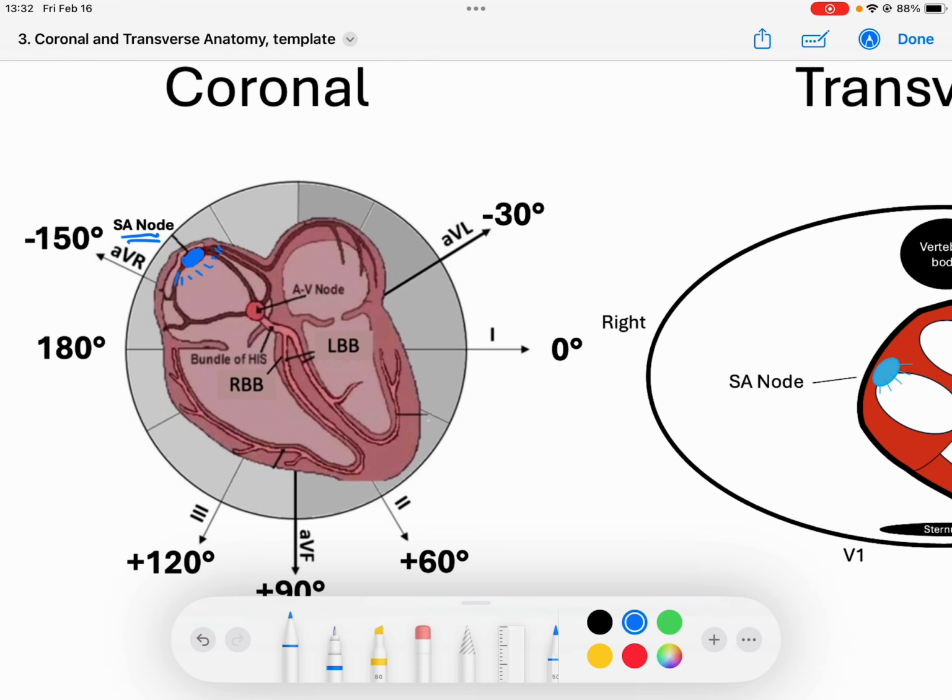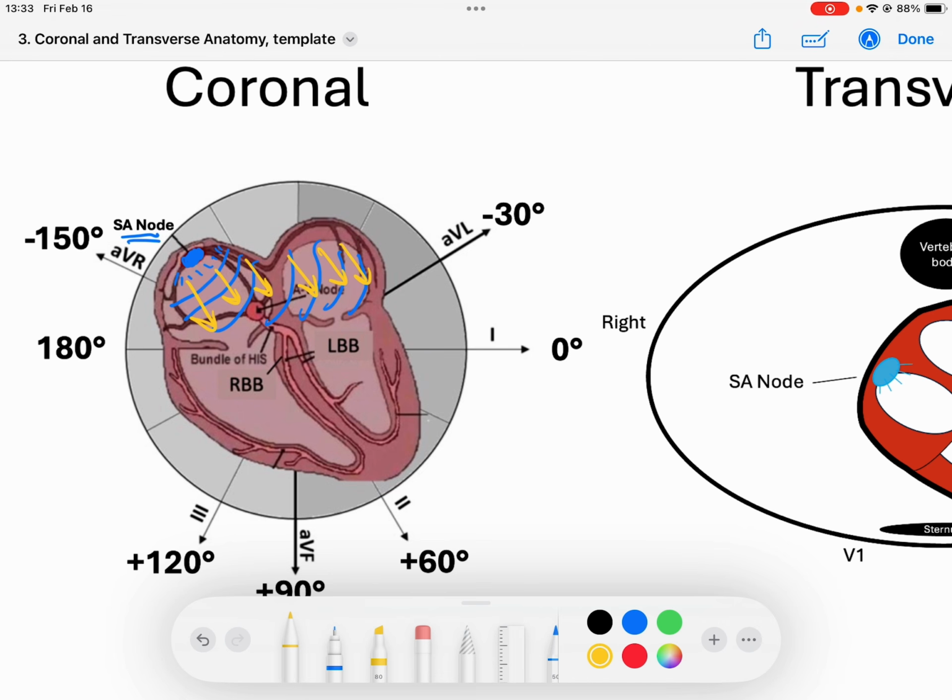And that wave of depolarization, because the SA node is high up in the right-hand corner of my atria, must go down and it must go towards the left, because it's the only way it can go.